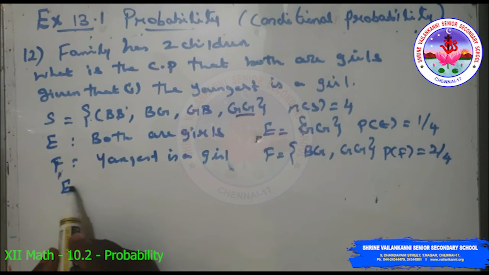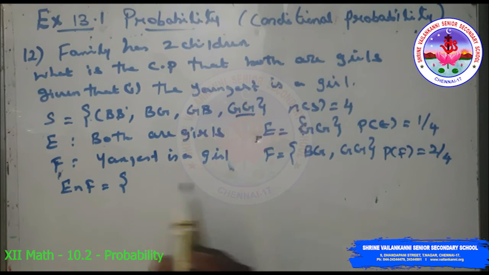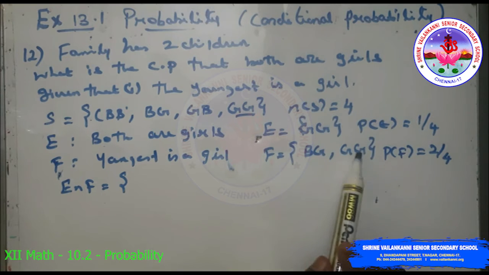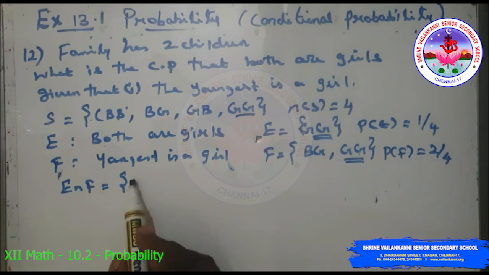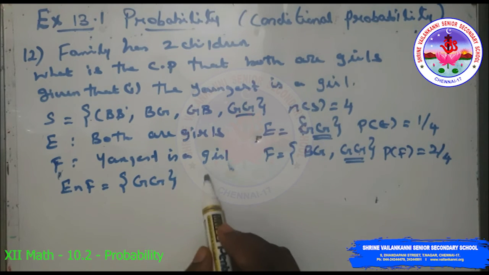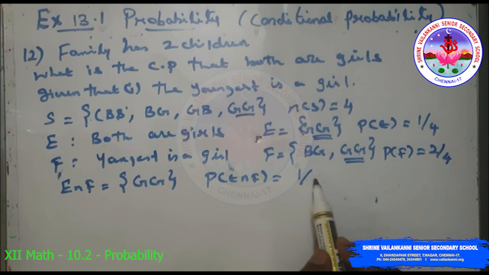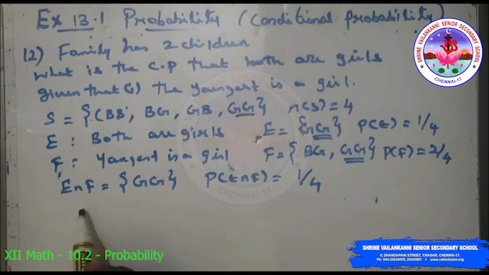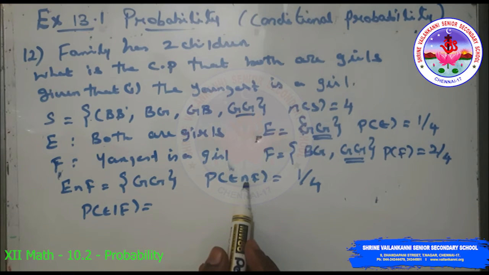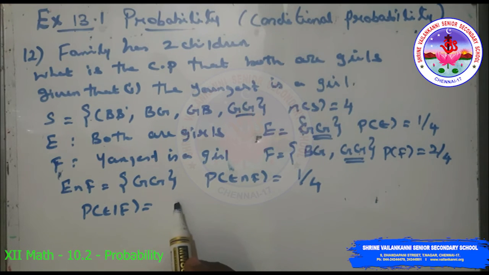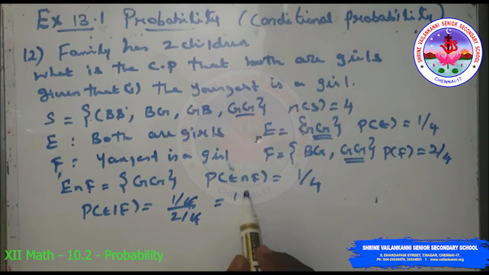So E intersection F, the common between these two, E and F, so GG, both are girls. So P of E intersection F is 1 by 4. So P of E by F is P of E intersection F by P of F. So 1 by 4 by 2 by 4, which is equal to 1 by 2.